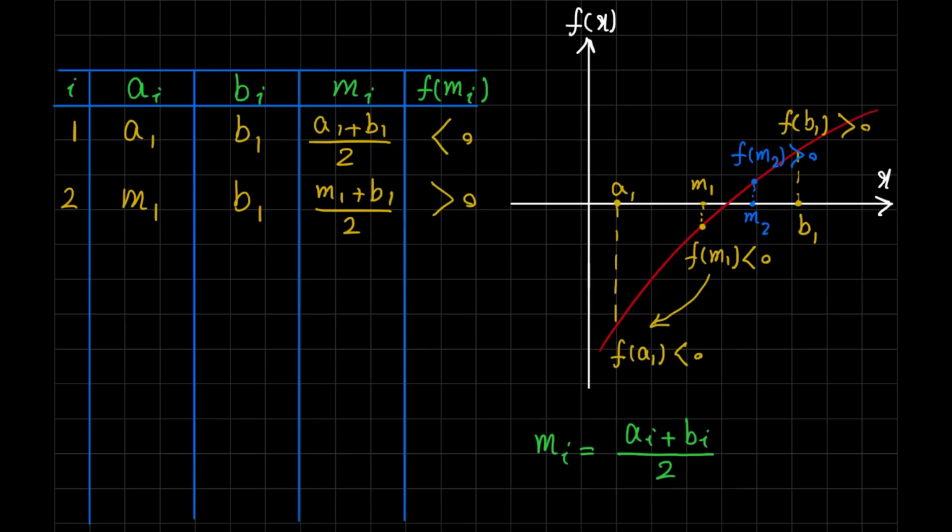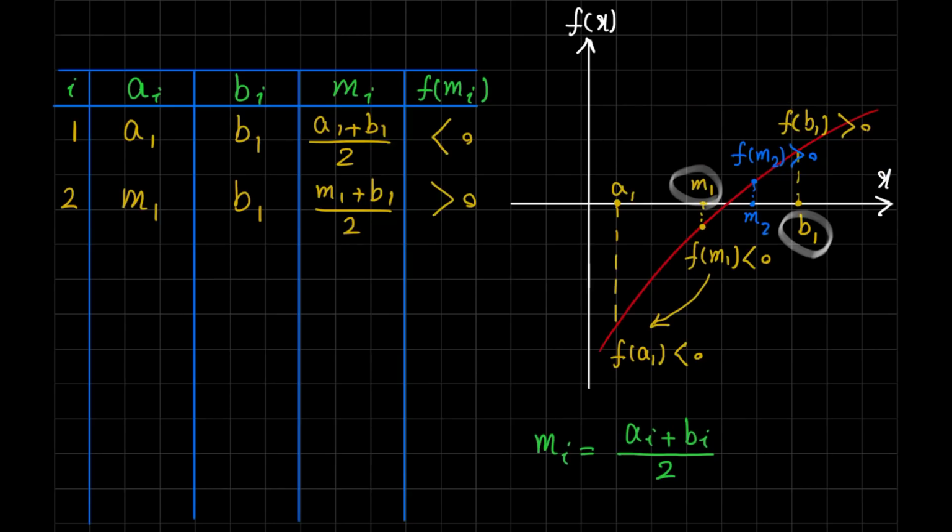Between m1 and b1, which one has the same sign as m2? Of course, it is b1, because as you see, both are positive.